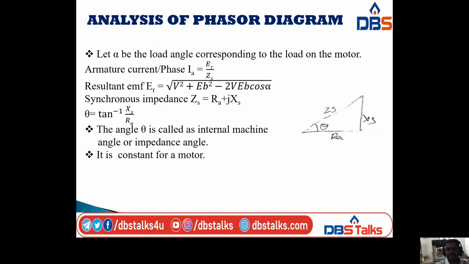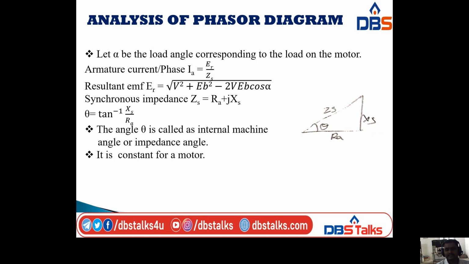From this, the synchronous impedance Zs is equal to Ra plus jXs. From this we take the formula theta is equal to tan inverse of Xs by Ra. Using the right angle triangle rules in the phasor diagram, theta is equal to tan inverse of Xs by Ra.